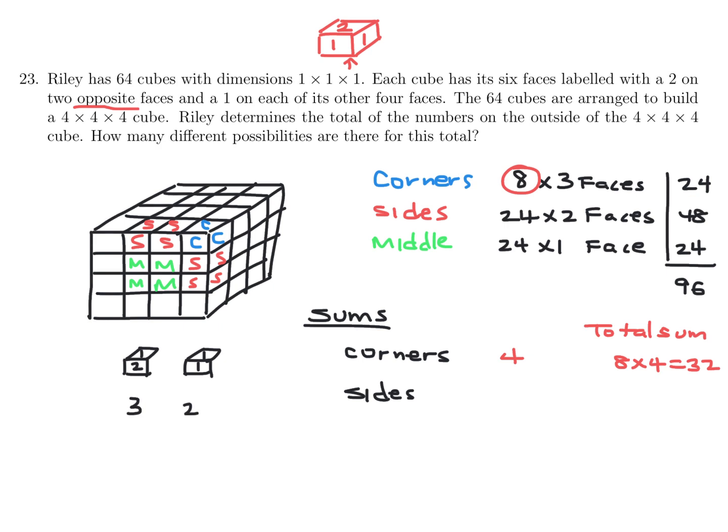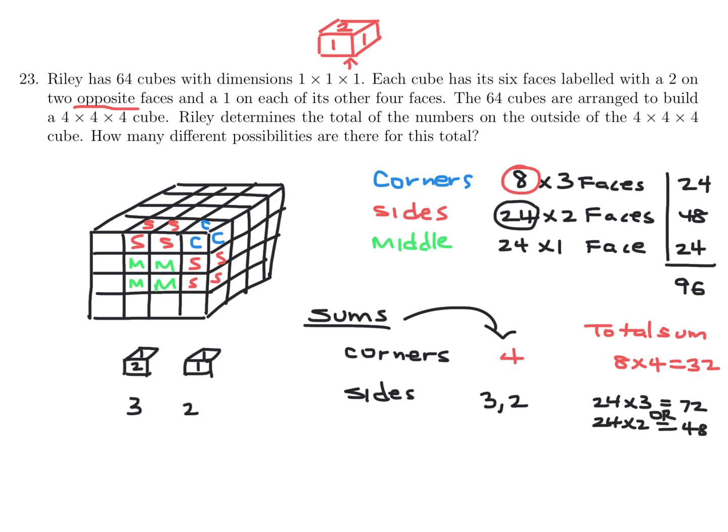And how many sides are there? There's 24, right? So the sum could be either 3 or 2. So the total sum is either 24 times 3, which is 72, or 24 times 2, which is 48.